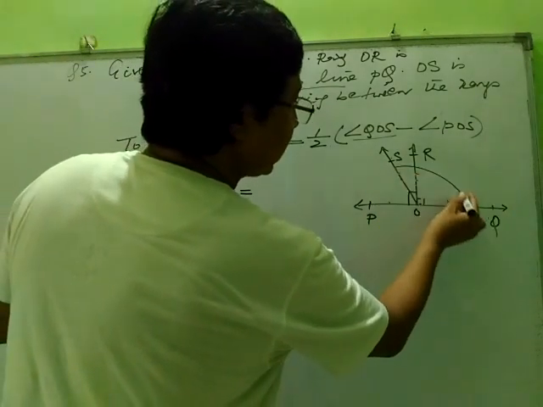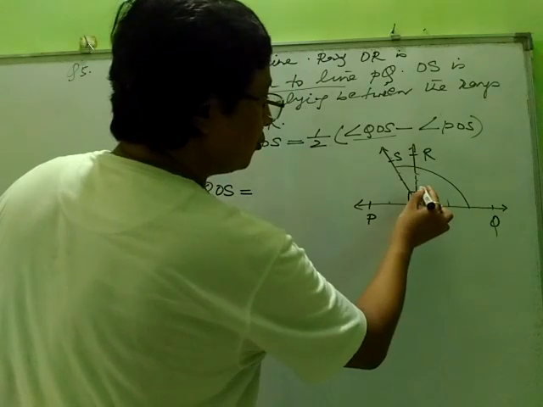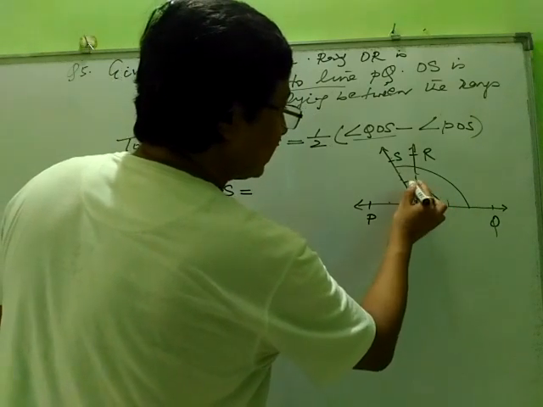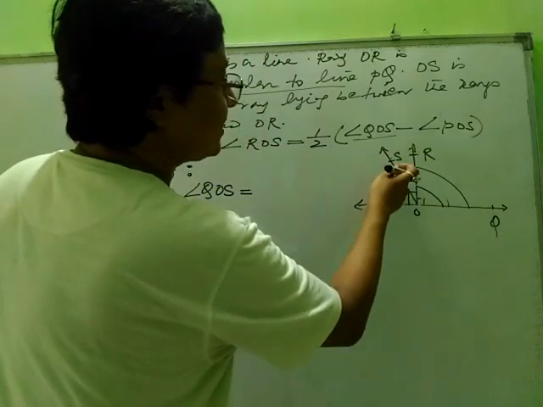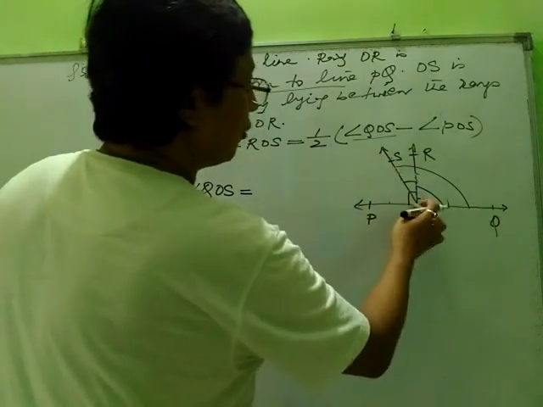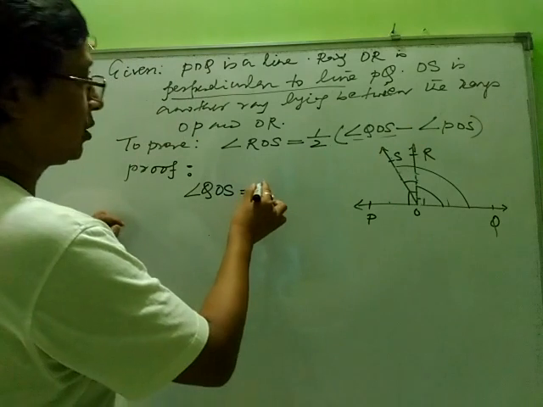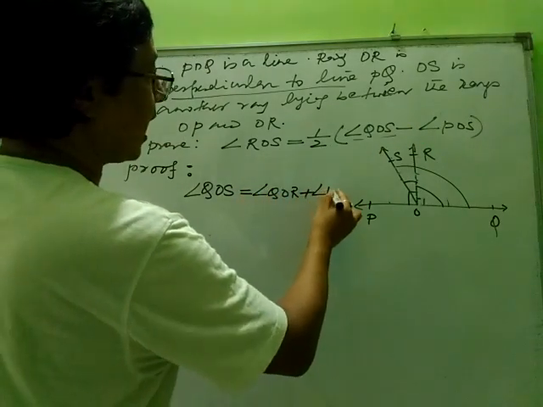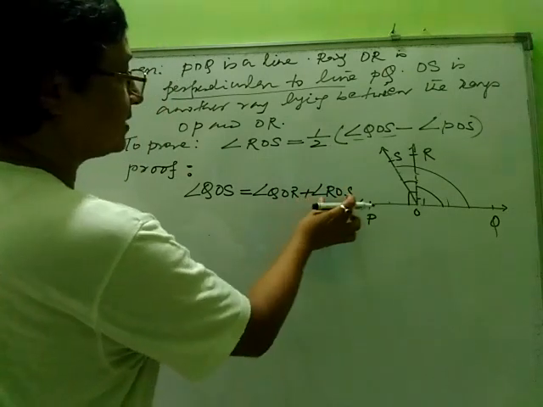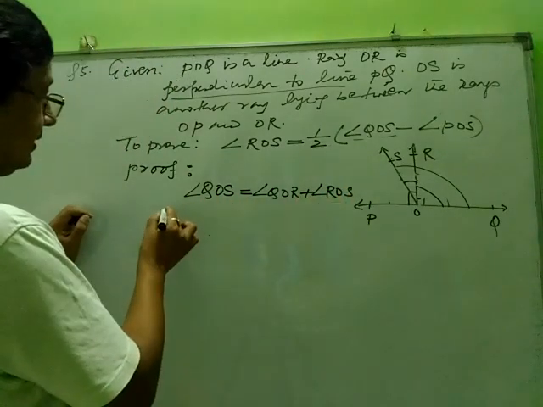So this angle is the sum of the two adjacent angles, this and this. QOR plus ROS, you will get QOS. So it will be angle QOR plus angle ROS.